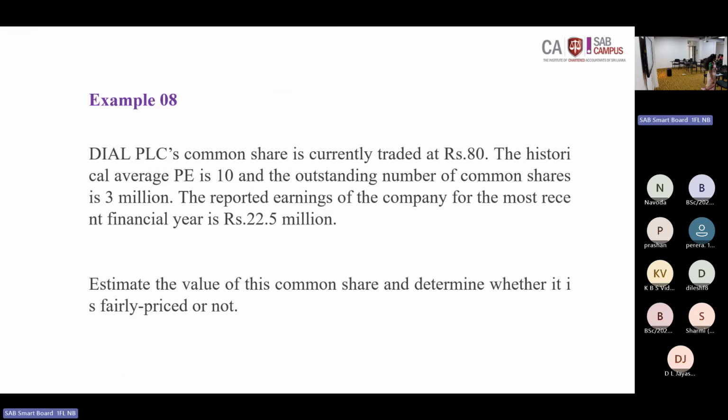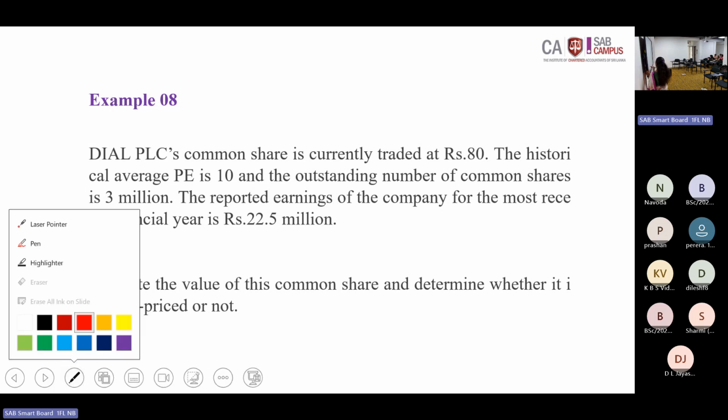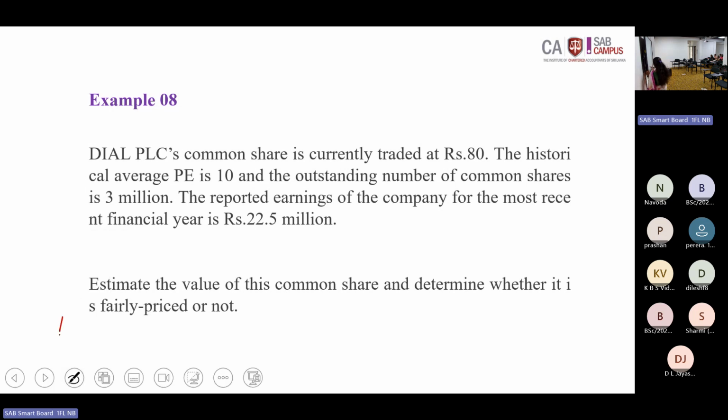What's the earning here? Net earnings. The financial year profit, net earnings or net income, is the reported earnings. How much is it? 22.5. Okay, calculate the EPS first.